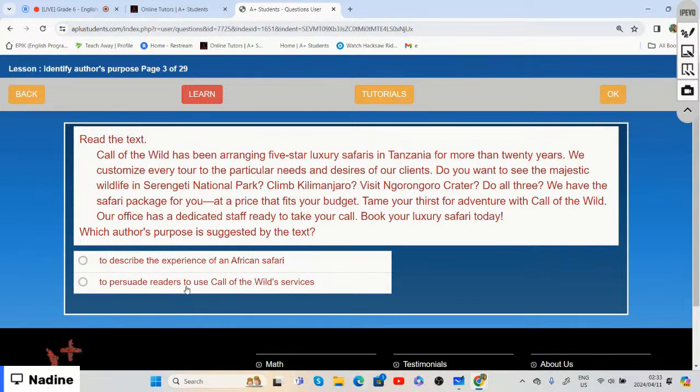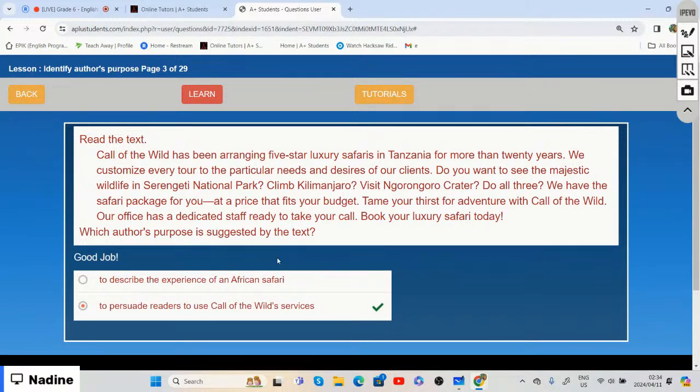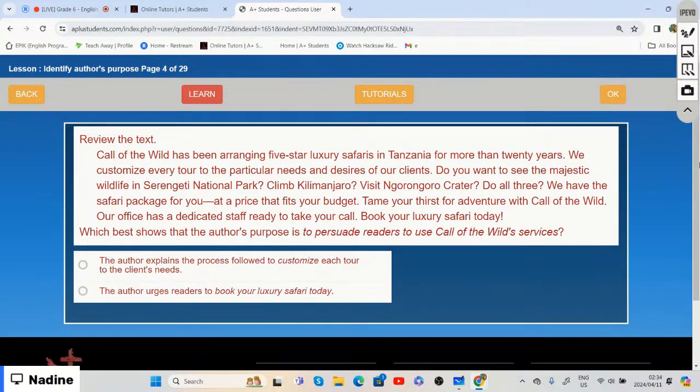All right. So if we look at the text, we need to say the purpose. So here we can say it is to persuade readers to use the service. It's not actually to describe the safari, to explain the services that are being used.